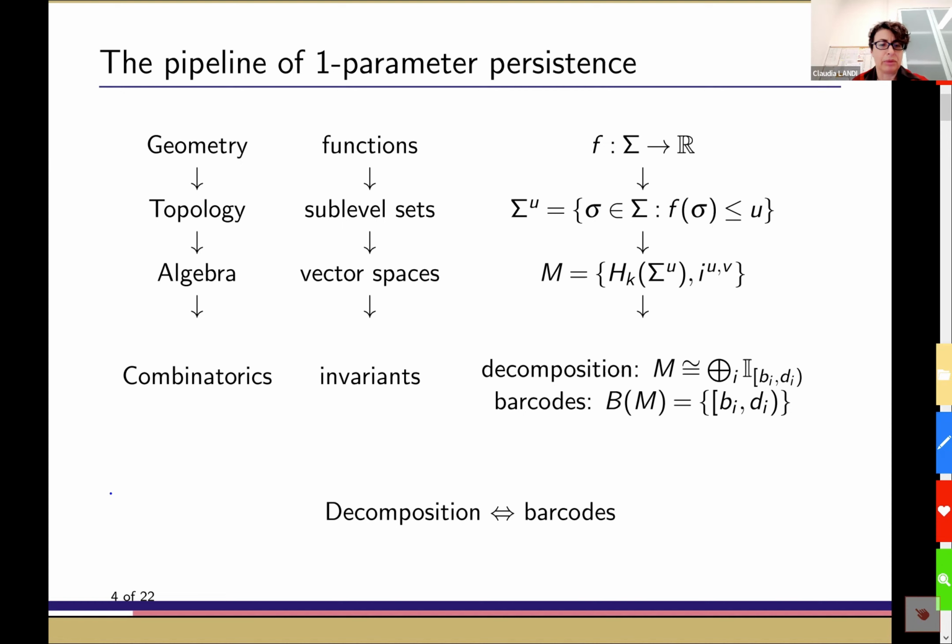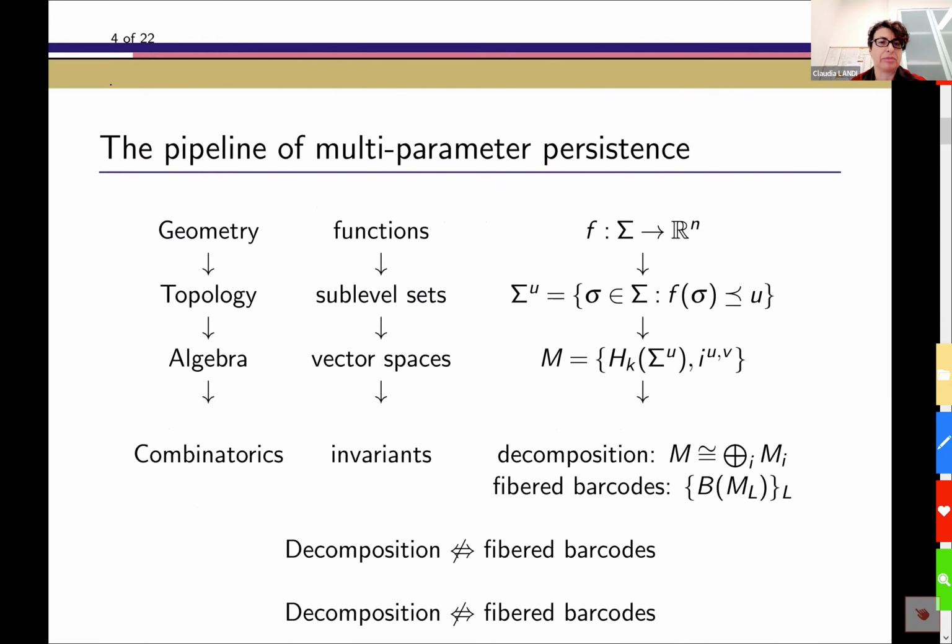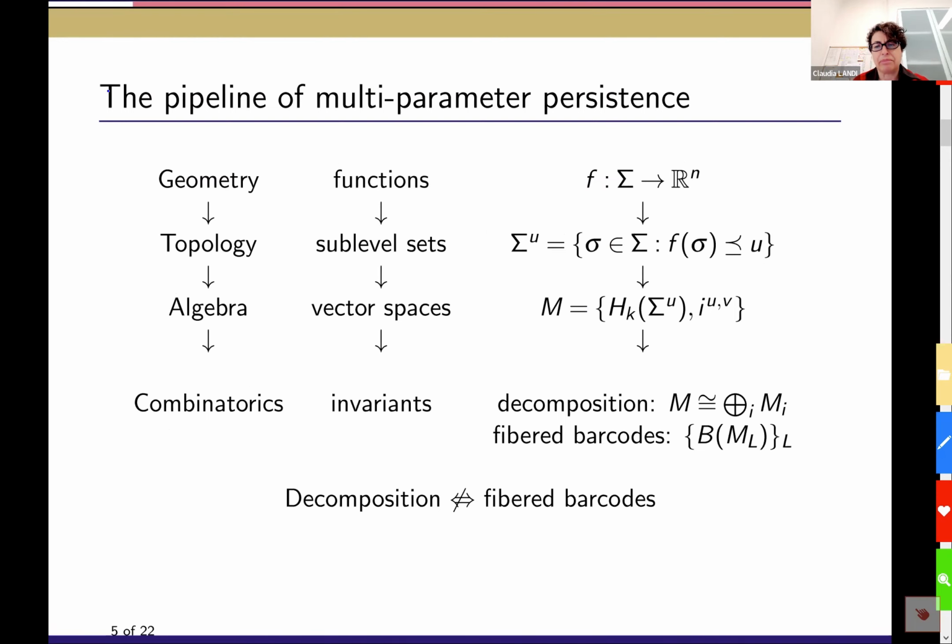On the other hand, when we move to multi-parameter persistence, the story is pretty much the same, except that the inequality that we use for building the filtration is simply the partial order that we get using the usual real order on each component of the function f, which now takes values in R^n.